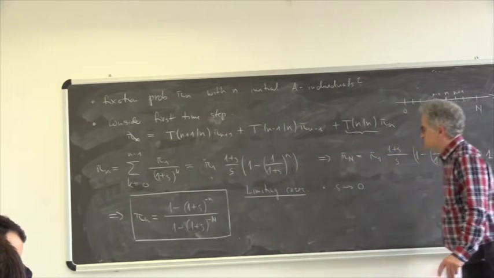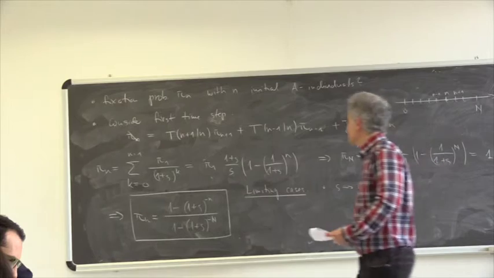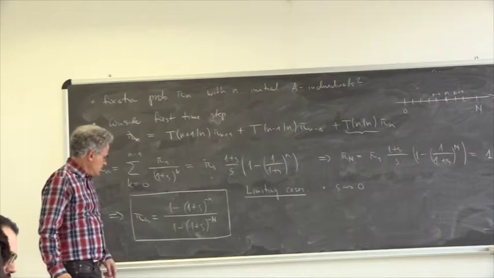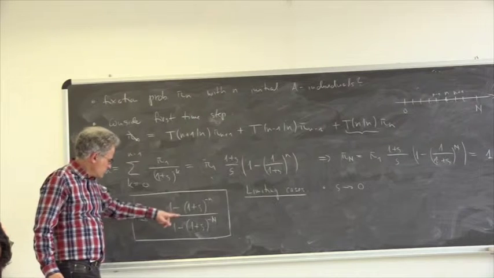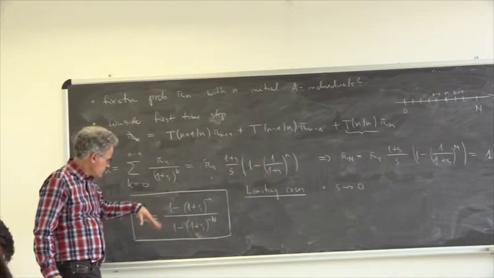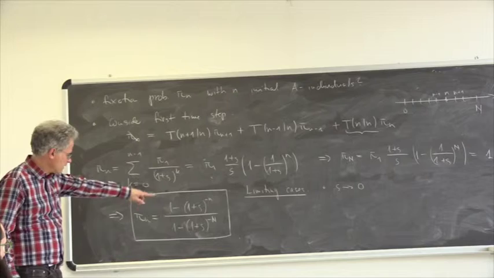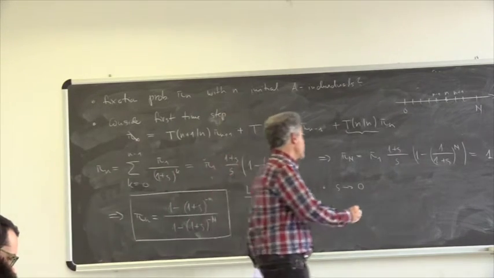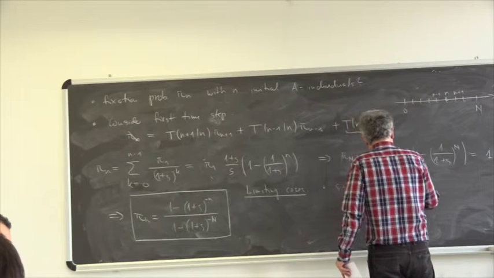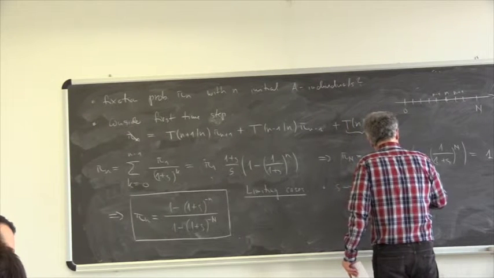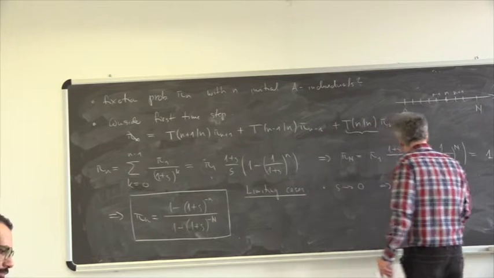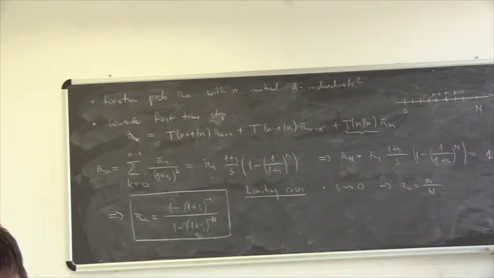If I take s to 0, then you see that the denominator and the numerator both go to 0, so you have to analyze the leading behavior. But what you find is that this reduces to what we already know, namely that pi n in this case becomes equal to small n over capital N. So this is certainly recovered.